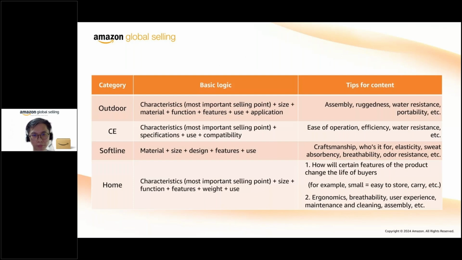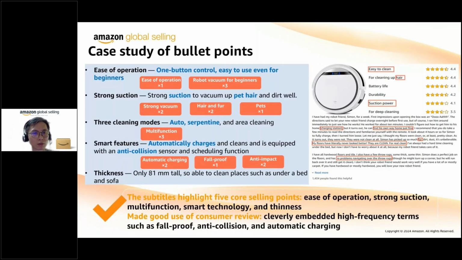Again, this is a table for your reference on how you want to structure your bullet points. A very short example is a vacuum cleaner. You can also take note from the reviews, to look at what characteristics customers actually care about, and then use that to form your unique selling points in your listing bullet points.